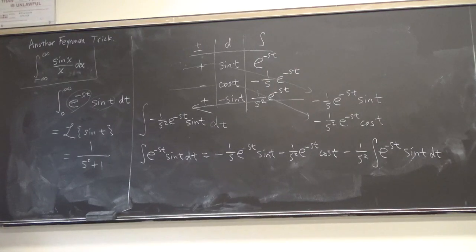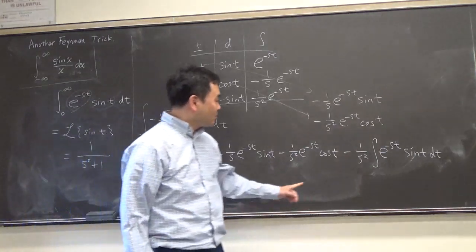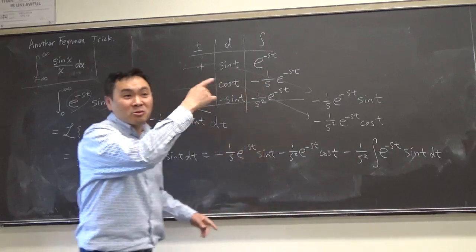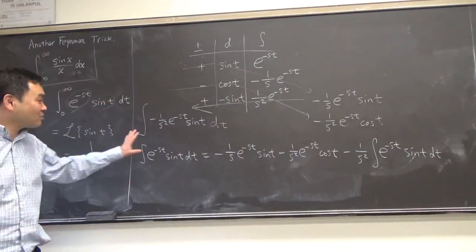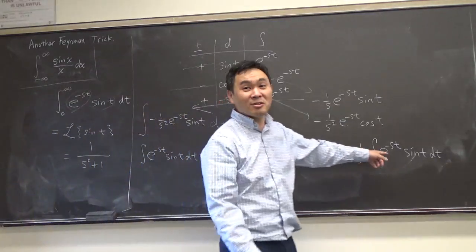Okay, so that's the result of our tabular integration, which is a bit weird because we are trying to look for this and look at the answer. The answer contains what you wanted to know. So it's like a circular reasoning. You asked a question and it answered where the answer contains your question.